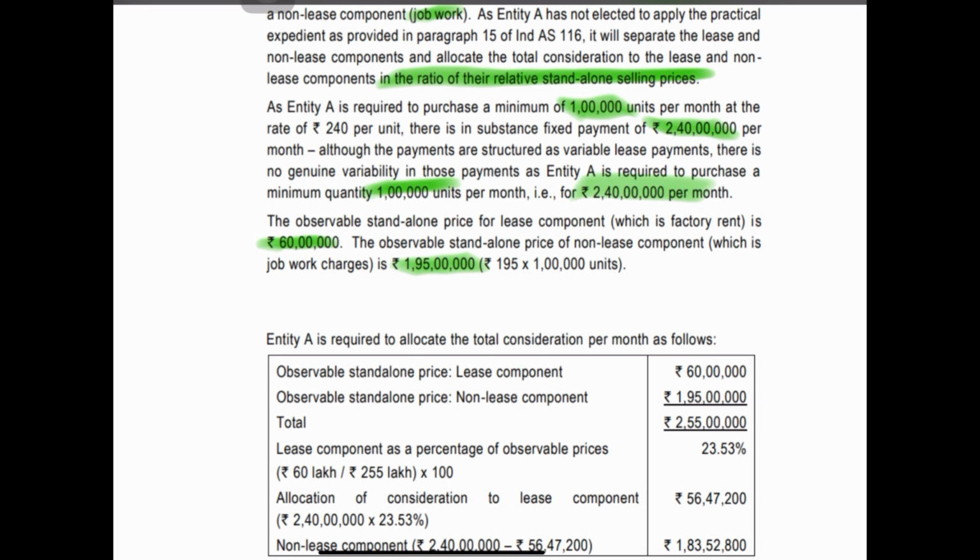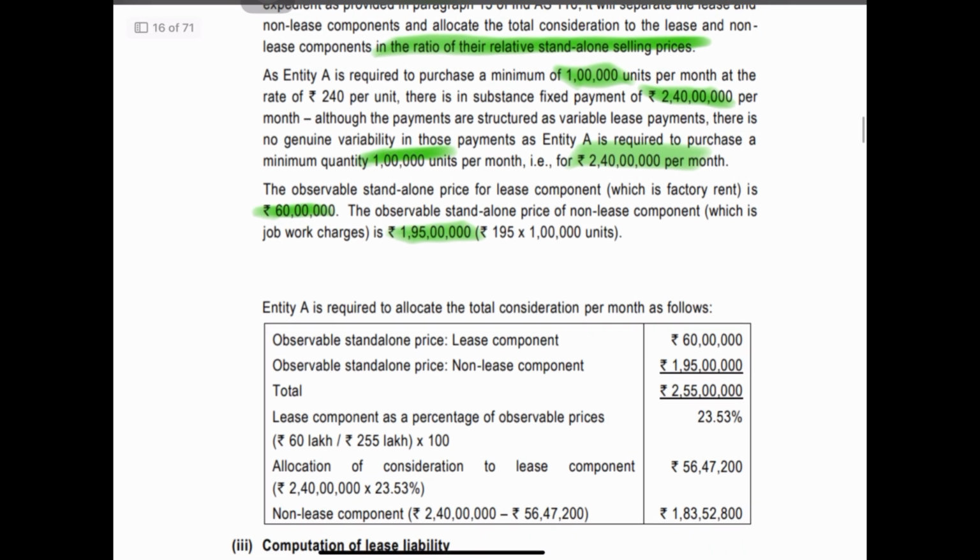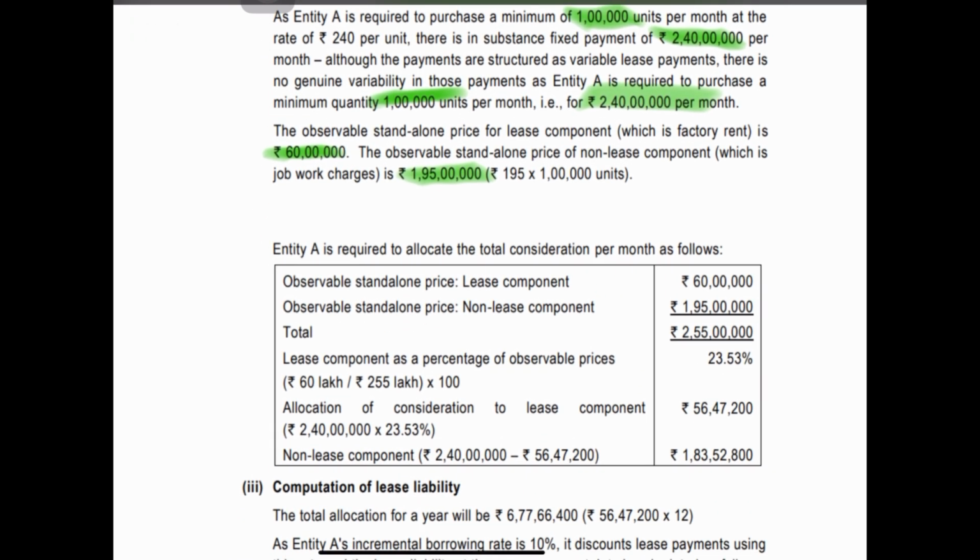The job work cost is 195 per unit and for the minimum order quantity of 100,000 units, it will come to 1 crore 95 lakh. So total comes to 2 crore 55 lakhs and the percentage of lease component on the total comes to 23.53%. Okay, so this is the ratio.